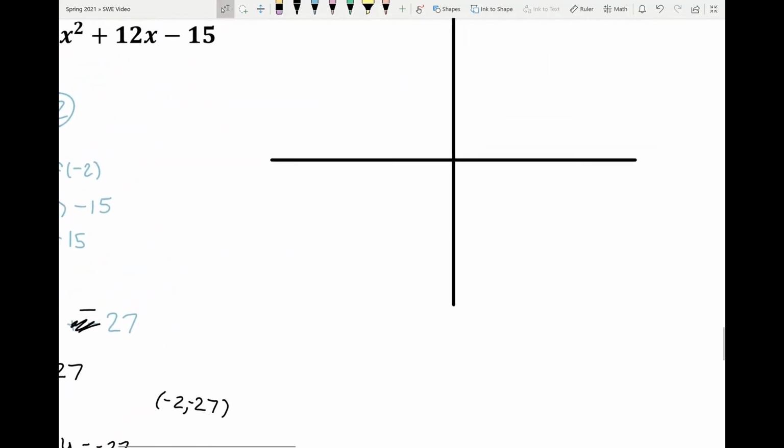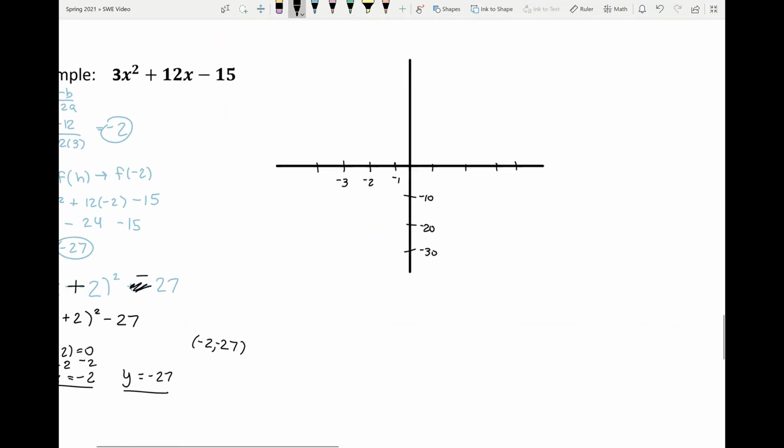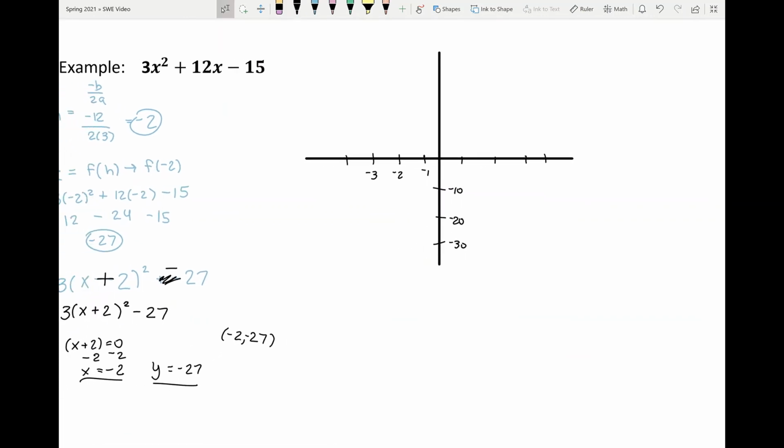So to graph this, we plot the vertex first, negative 2, negative 27, which would be around here. Then you would plot like you normally would, pretending that the vertex is the origin.